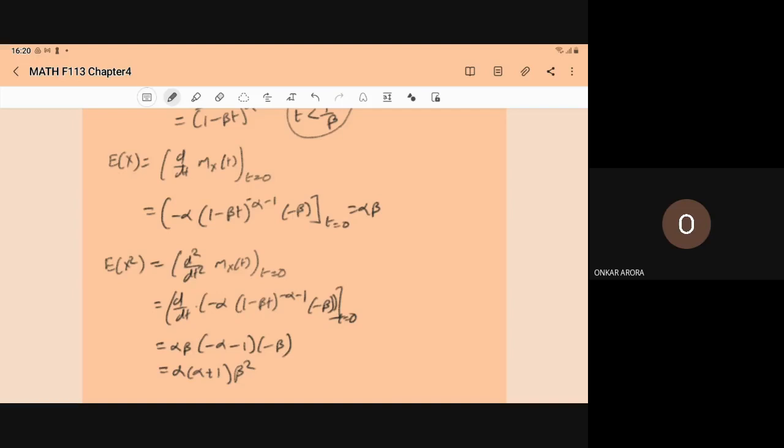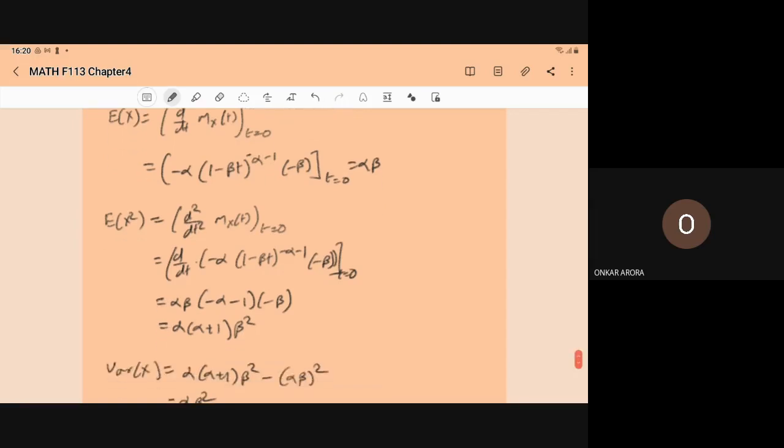Now if you take the derivative one more time, this will give you the second derivative. After taking the derivative and putting t equal to 0, you get minus alpha minus 1, (1 minus beta t) to the power minus alpha minus 1 minus 1, into minus beta into minus beta.